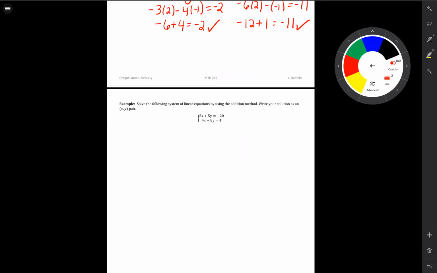However, there's no easy way to multiply one of the equations in order to get one of the coefficients the same number but negative. I can't multiply 5x or 5y by any constant, any easy number, to make them opposites of 4x and 8y. So in this case, I'm going to be multiplying both of the equations by a number.